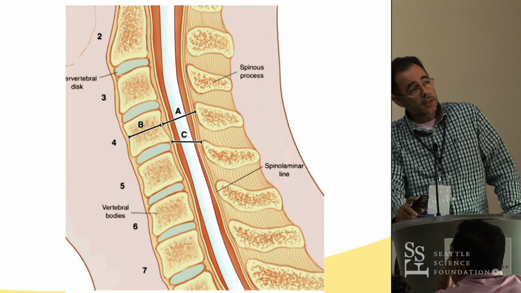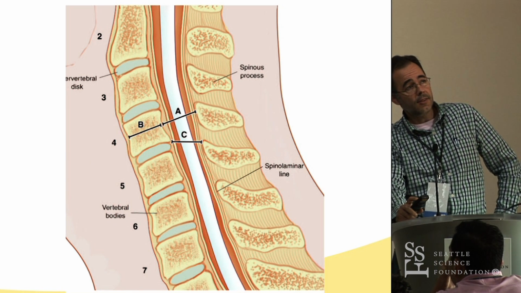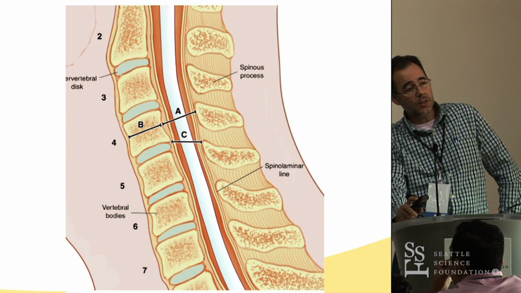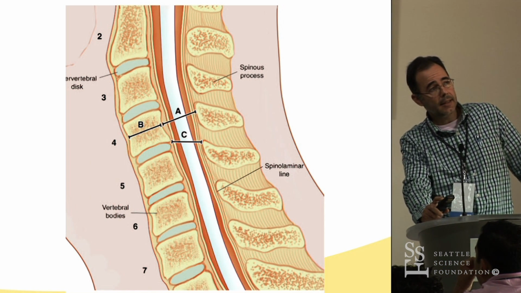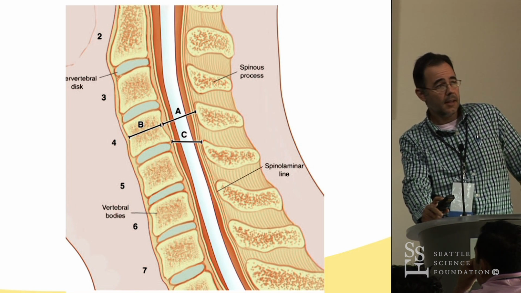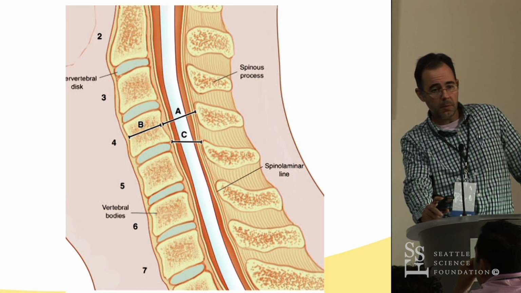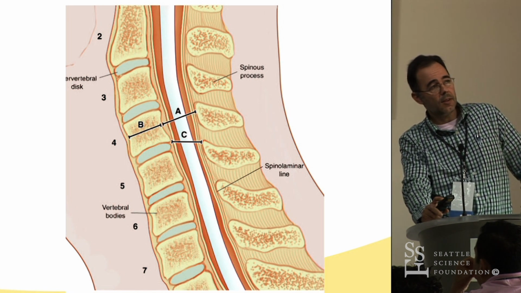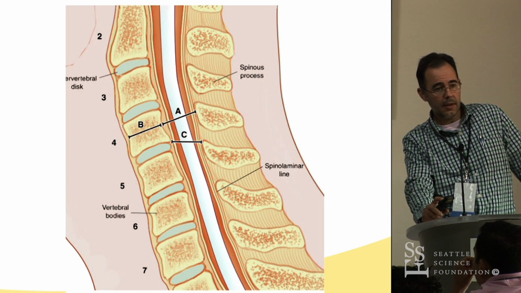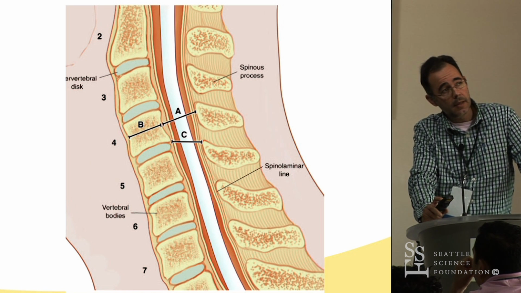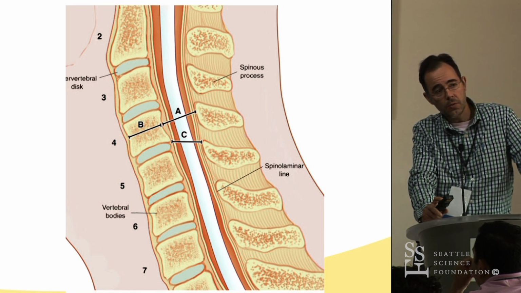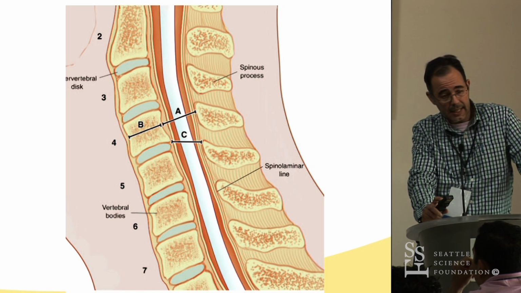So an important thing to look at in this slide is the distinction between A and B. A is the AP distance of the spinal canal, and B is the AP distance of the vertebral body. One of the things that may potentially be overlooked in a patient who gets plain X-rays is that in general, in a patient who has no stenosis, A and B should be roughly equivalent.